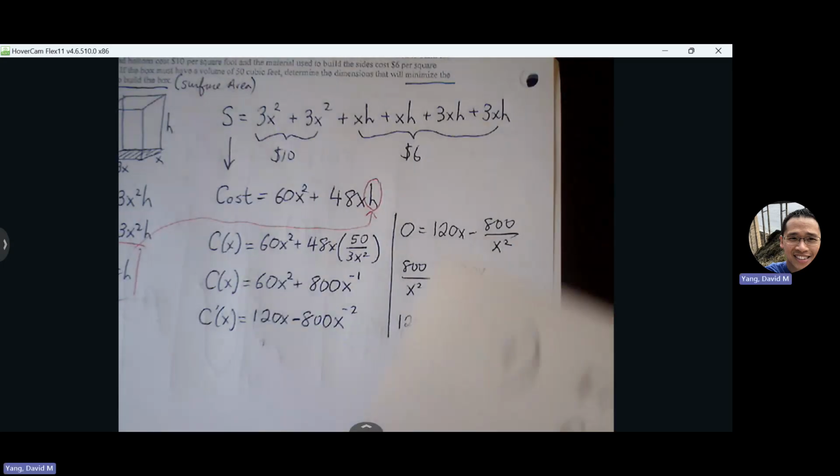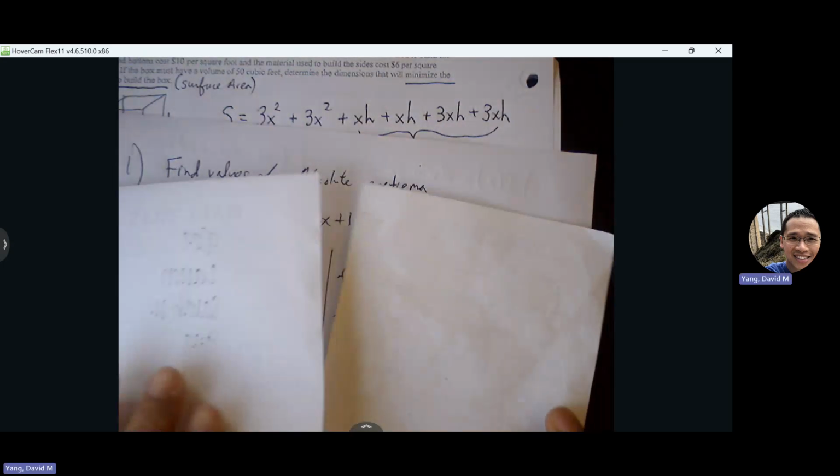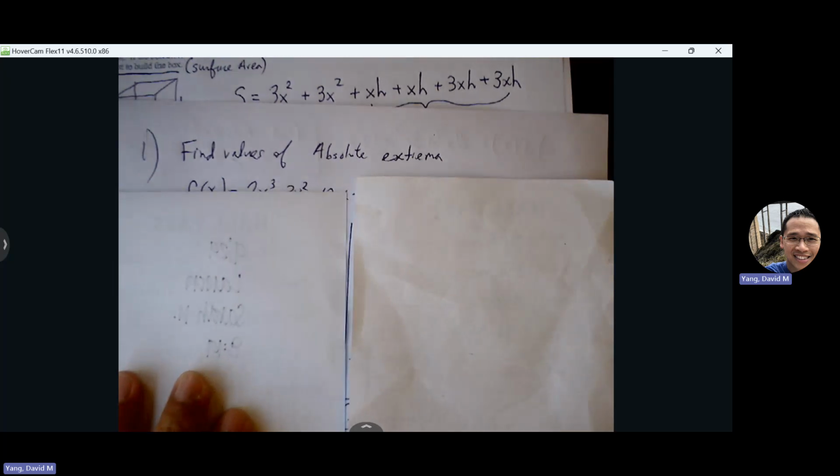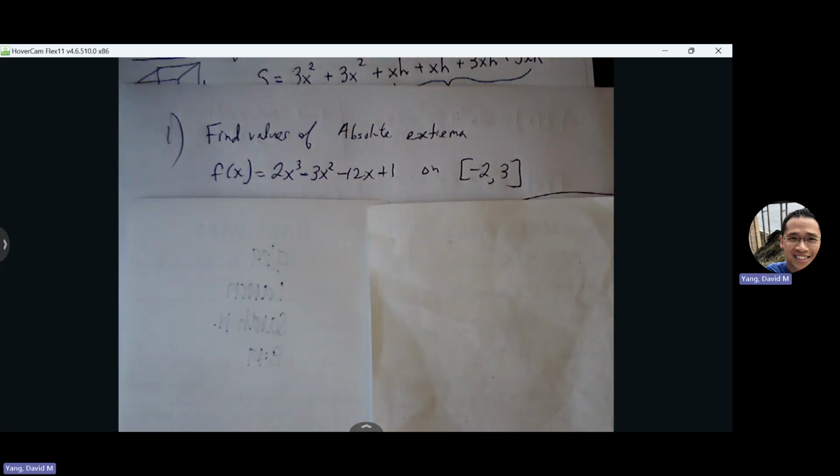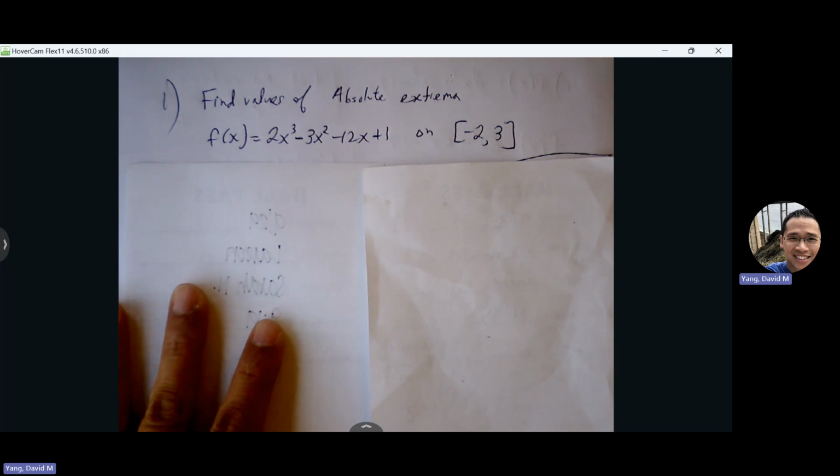Okay, let's do an extreme value theorem problem here. These are the problems that I did this morning in the help session.